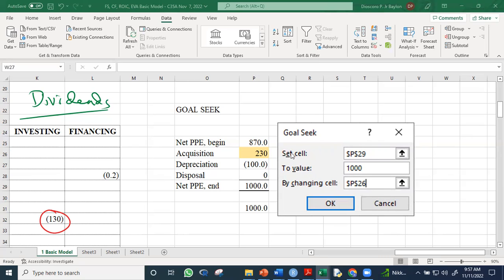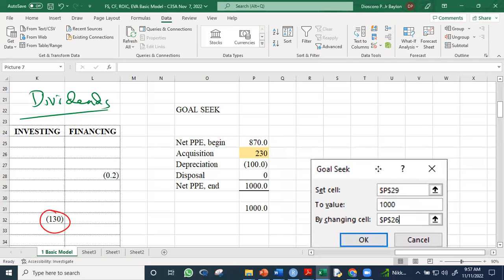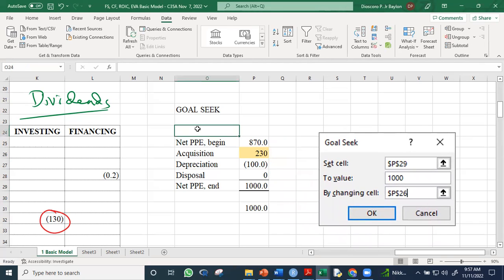So for your notes, if you want me to share this file, this is the goal sheet. So let's put here note 1, computation for acquisition of PPE.